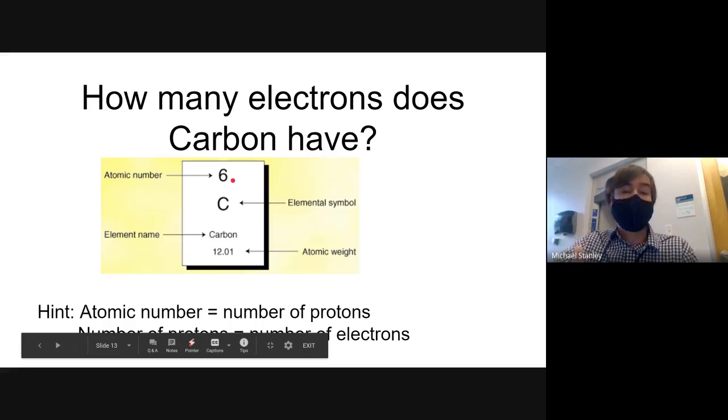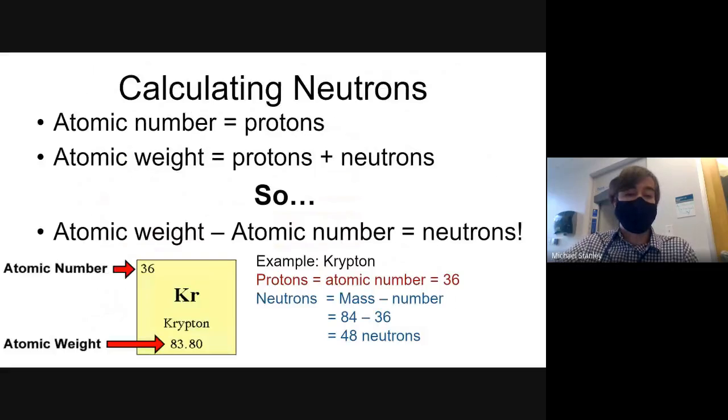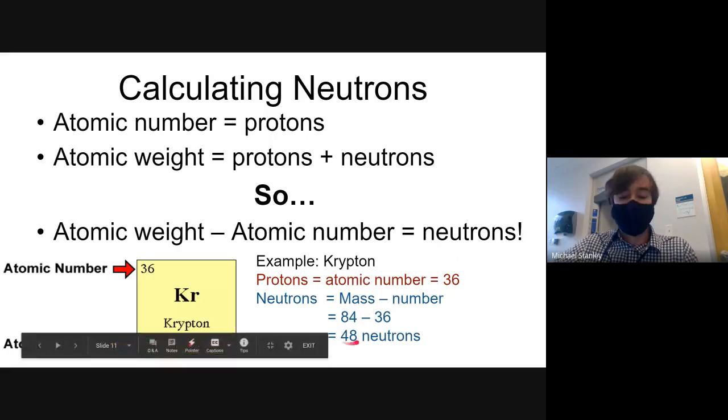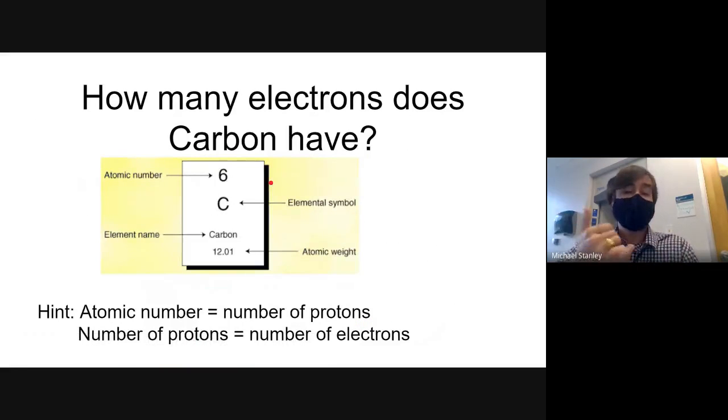So carbon is a little bit smaller atom, and in a lot of cases with the smaller atoms, the protons, electrons, and neutrons all just kind of happen to work out as the same. As you get bigger and bigger with your atoms, like with krypton here, they become a little bit different. But carbon is a pretty small atom. So carbon has 6 protons because it has an atomic number of 6.